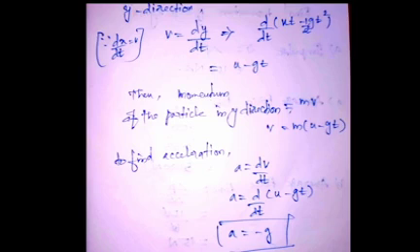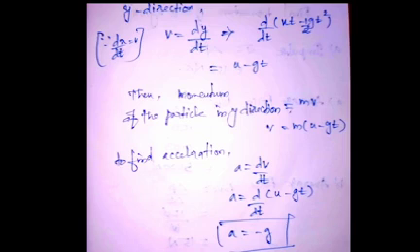So next we calculate the force value. Since we know the acceleration a is equal to dv divided by dt, and substituting the v value, we get a equal to d by dt of (u minus gt), and differentiating with respect to time, the u term is neglected and we get a is equal to minus g.